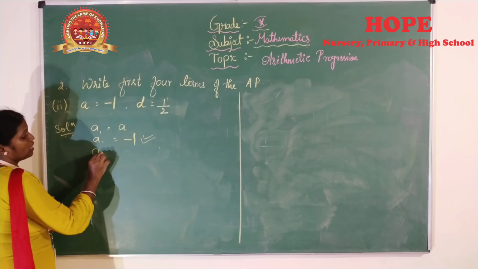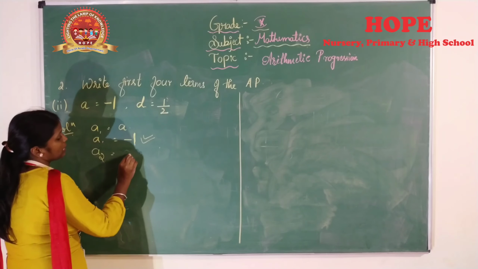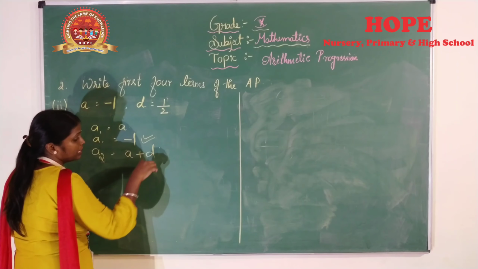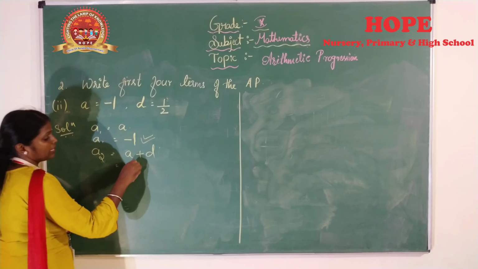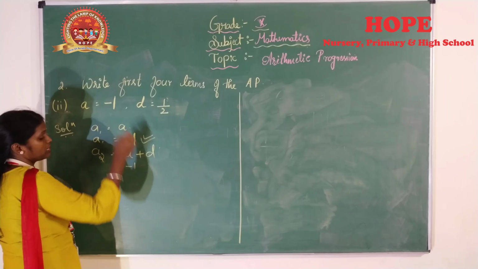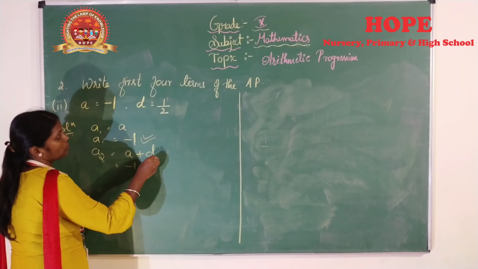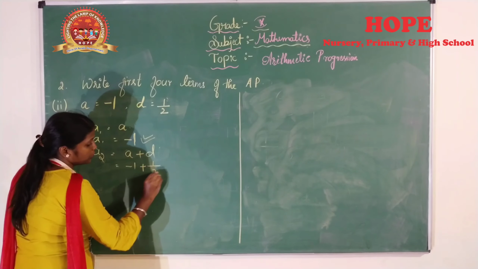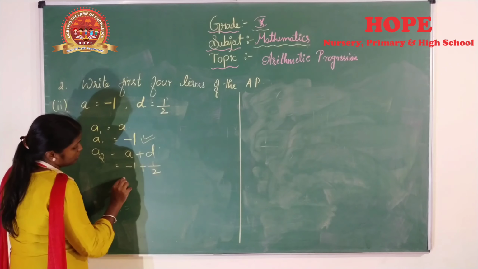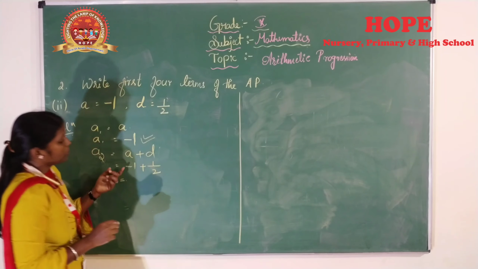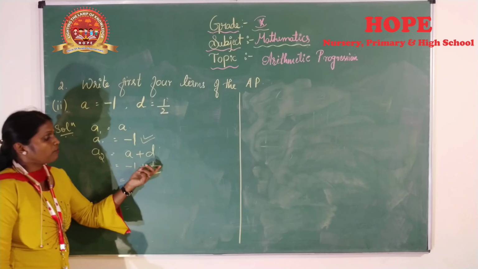Now we have to find the value of A2. A2 is nothing but A plus D. So what is the value of A? A is minus 1, plus the value of D, which is 1 by 2. So minus 1 plus 1 by 2.